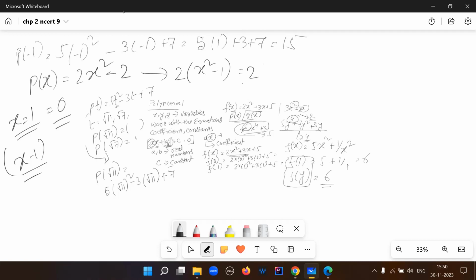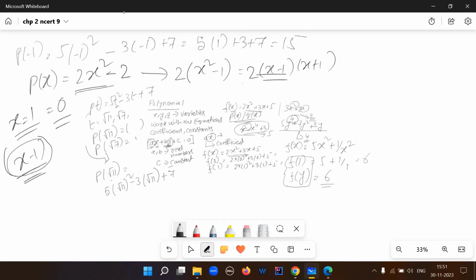Take 2 common: 2 into x square minus 1 equals 2 into x minus 1 and x plus 1. See? The factor x minus 1 comes, right? Or x minus 1 can divide this whole term.